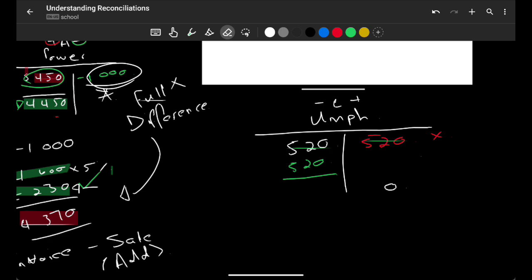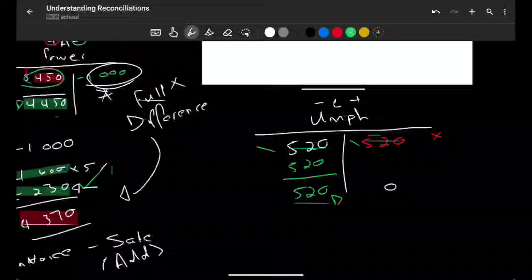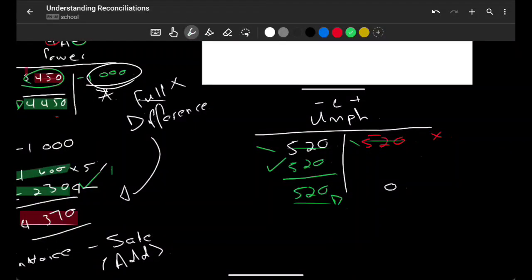Now the balance here on this side is gonna be 1040. Well, no, sorry. The balance when we look at it is gonna be 520, right? Because this cancelled out that, and then only this is left. But how much did we actually add in this transaction?